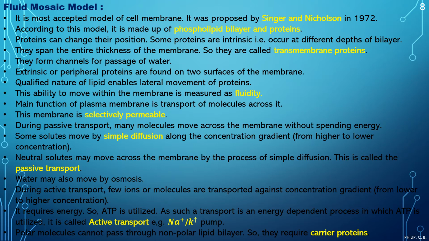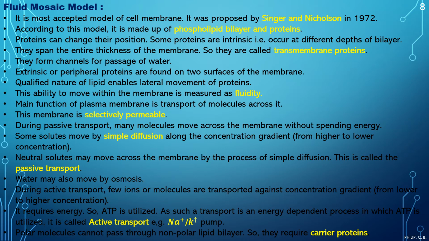Some solutes move by simple diffusion, by directly diffusing without much utilization of energy, along the concentration gradient, from higher to lower concentration. Neutral solutes may move across the membrane by simple diffusion. This is called passive transport. In simple diffusion, the solutes can easily move through it. Further, water may also move by osmosis.